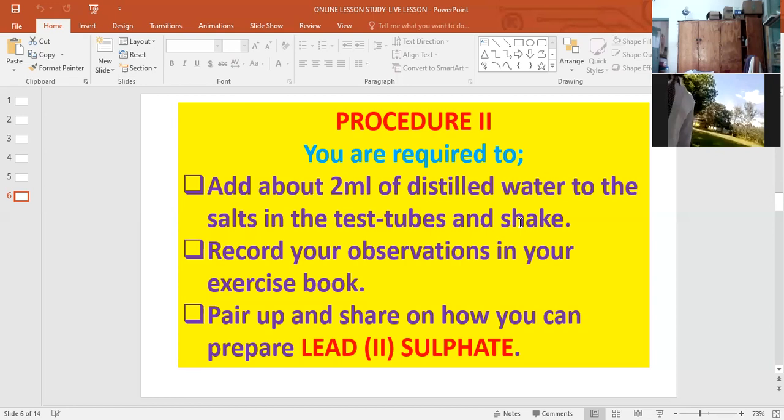Here I am in about 1.5 minutes time. I can see you are doing the activity. Who is the group leader? What's your name? Very good. Sunguti, I believe you recorded the observation for the first procedure with the members of your group.